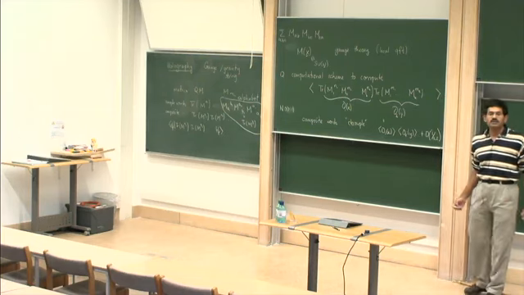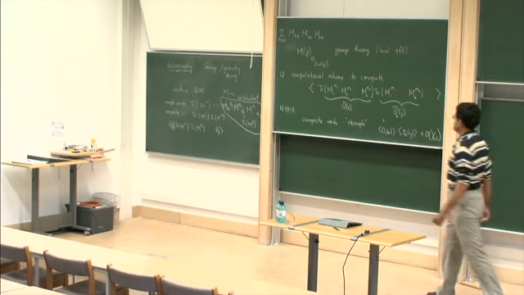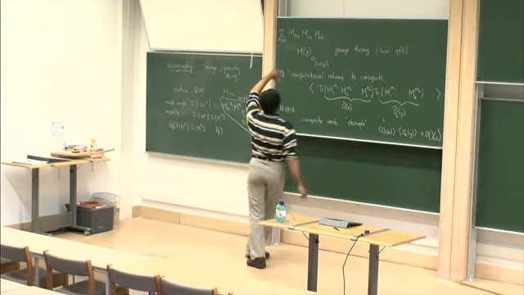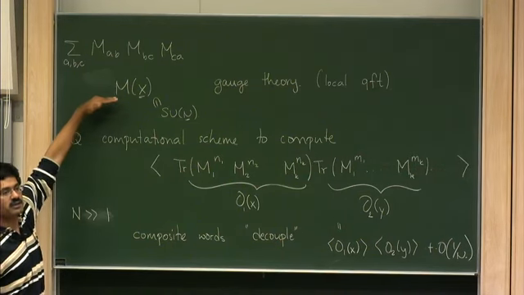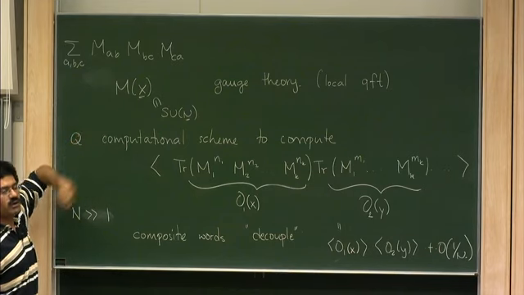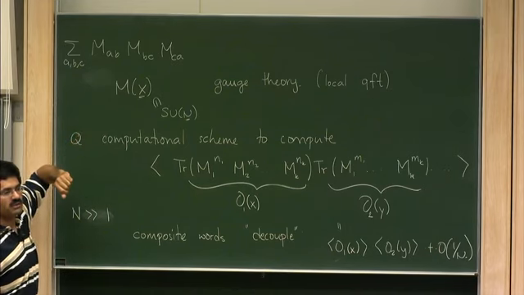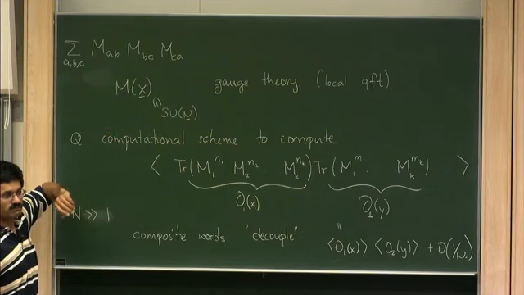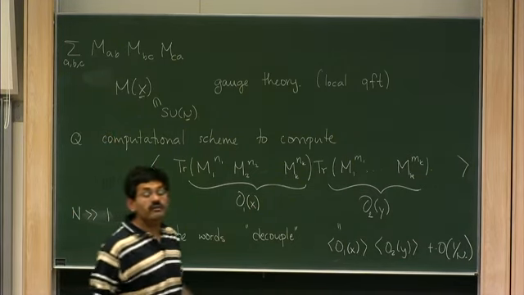Sorry, how do you define vacuum? I could split up M into creation and annihilation operators, and the vacuum is defined as usual by declaring that all the annihilation operators annihilate the vacuum. So it's a free theory? It's not.